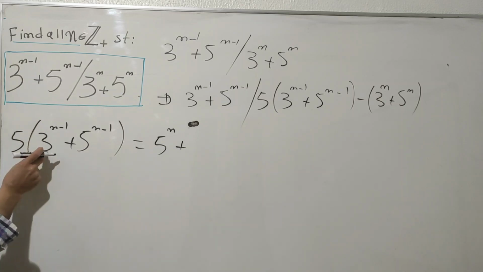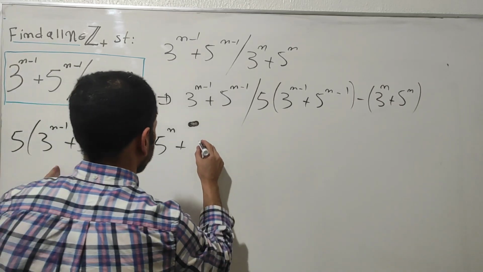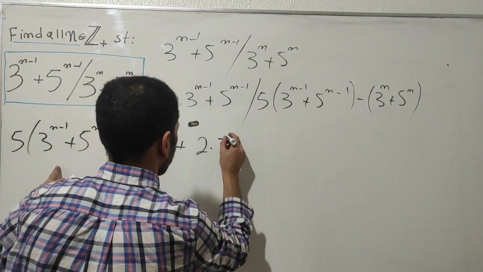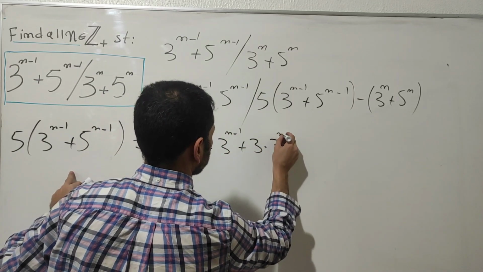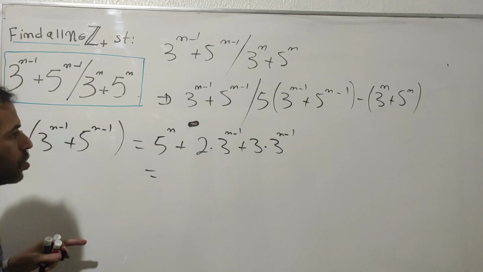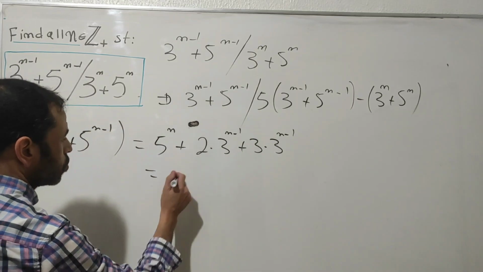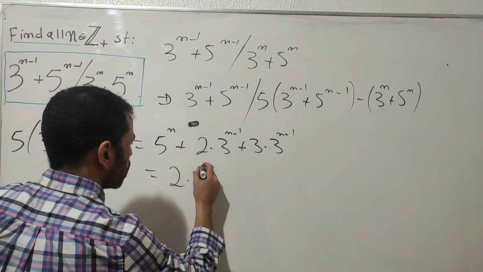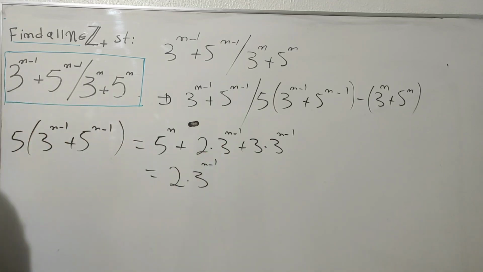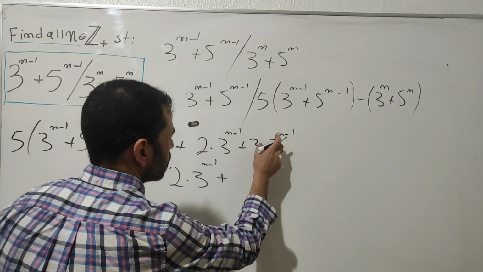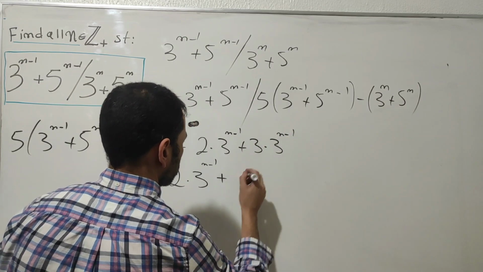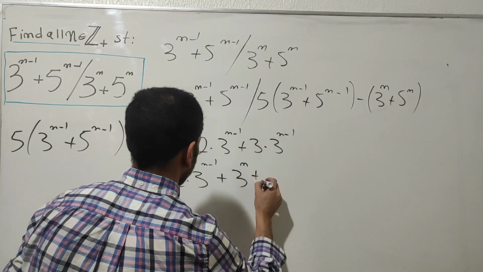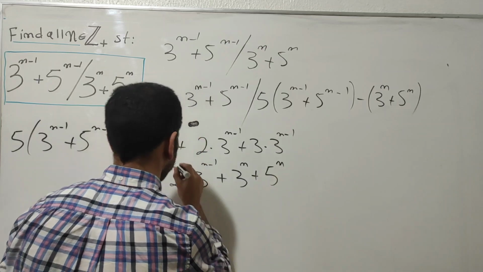I'm going to split the other into two terms: 2 times 3^(n-1) plus 3 times 3^(n-1). The 2 times 3^(n-1) is not going to be changed, but the other becomes 3^n after you distribute. So I get 3^n + 5^n.